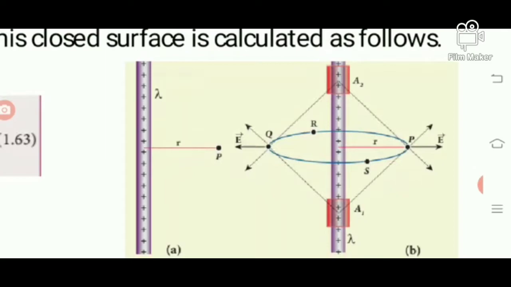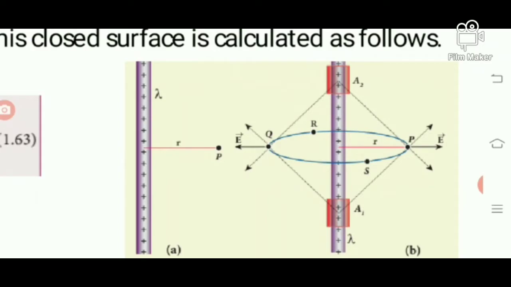Let P be a point located at a perpendicular distance r from the wire. The electric field at the point P can be found using Gauss law.